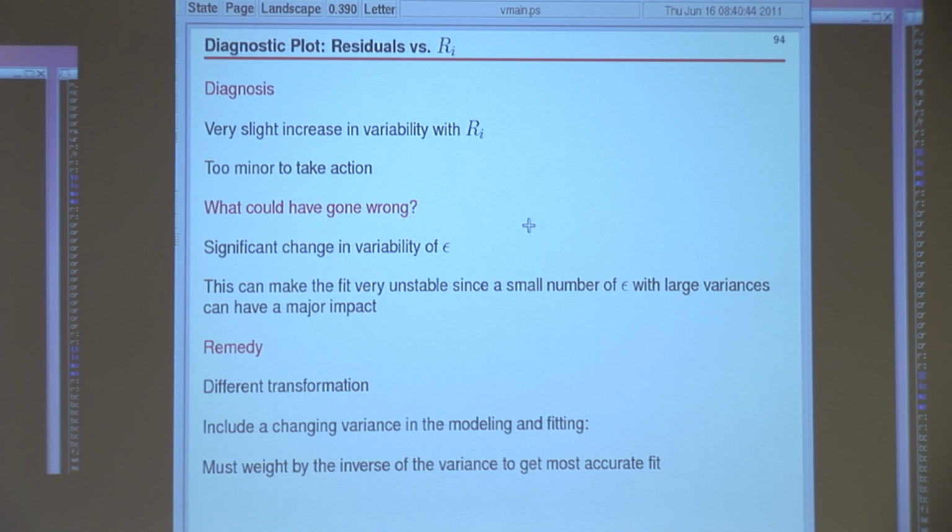Actually, we probably would have gone back and tried to pick a transformation that was even a lower power than a fifth, or maybe gone to log, because that transformation has an effect also on the stability of that variance. The other thing to do is you can actually just face up to the fact that the variance is changing as I go to higher traffic rates, and you have to take account of that if you want to get something that's, shall we say, optimal.